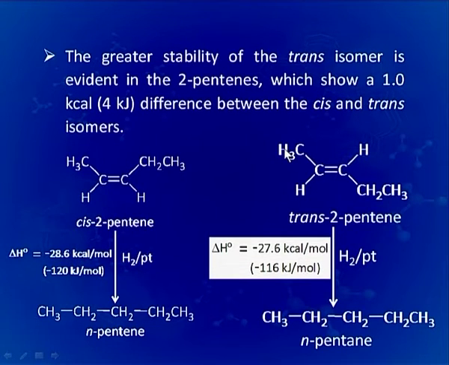When we compare with trans-2-pentene, where the two alkyl groups are trans to the plane of the double bond, the heat of hydrogenation is about 27.6 kilocalories per mole, though in both cases the same n-pentane is obtained.